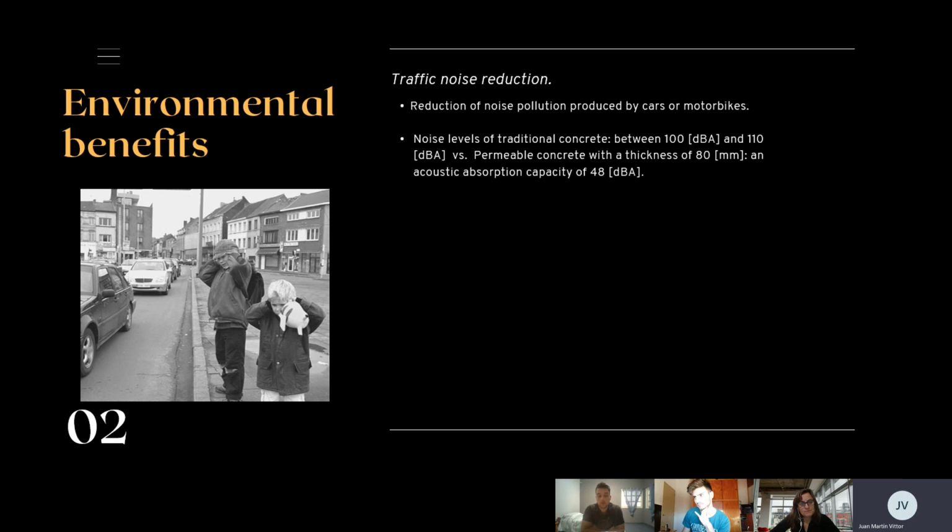This shows that the permeable concrete has a high acoustic absorption that is related to the size and type of aggregates, their porosity, cement content, and the thickness of the compression layer.